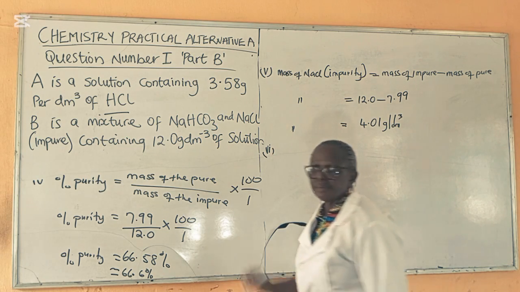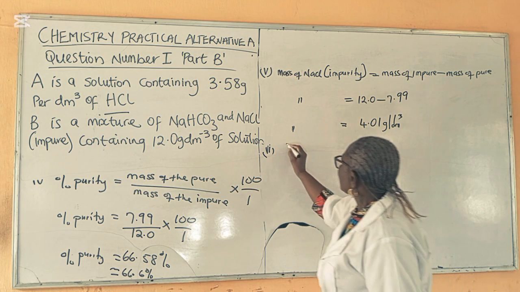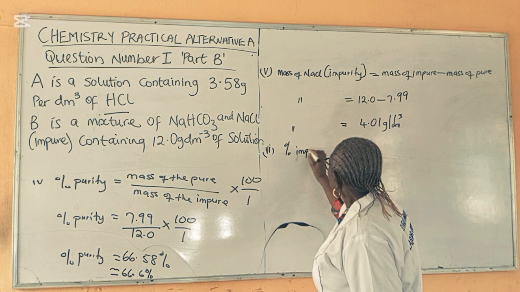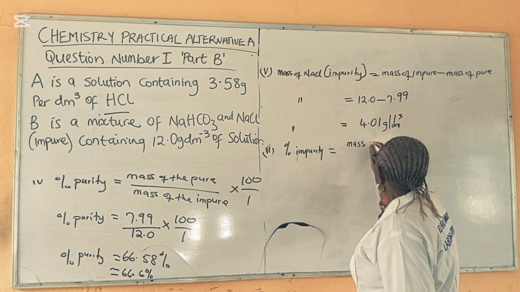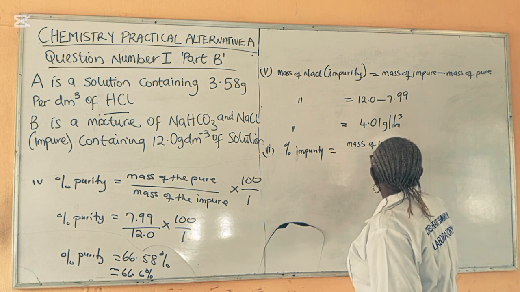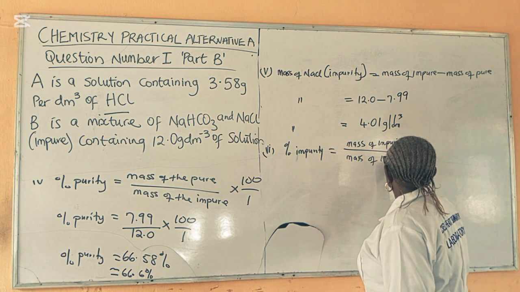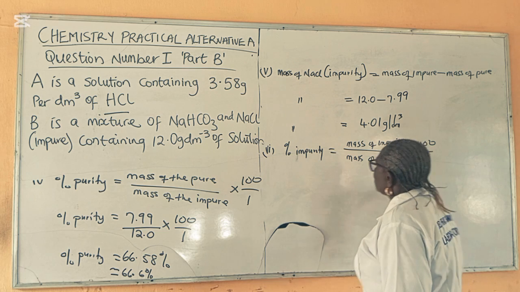The next question, you are expected to find the percentage impurity in the mixture. In case you are asked, the formula is percentage impurity is equal to mass of the impurity over mass of impure times 100 over 1.